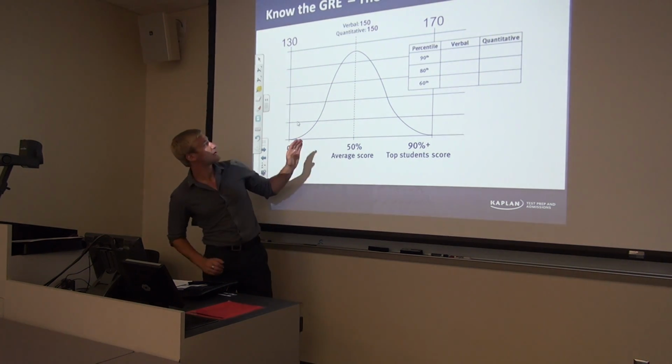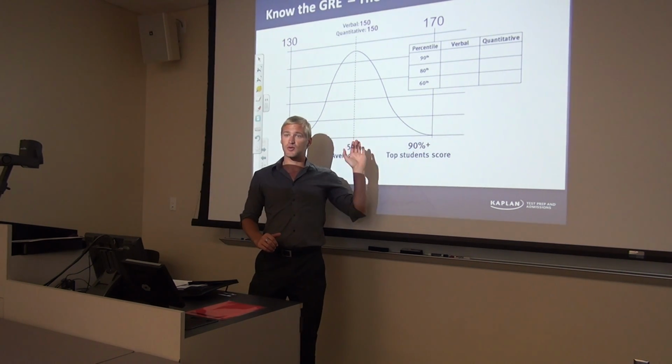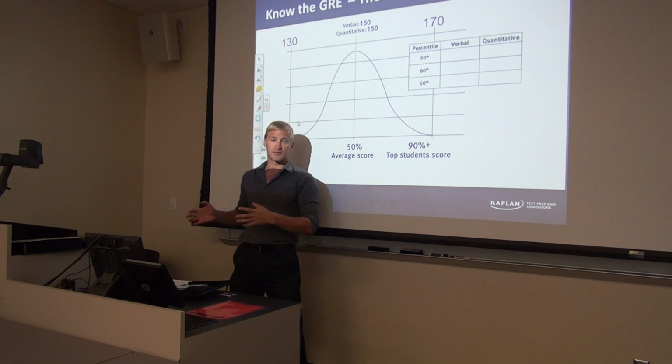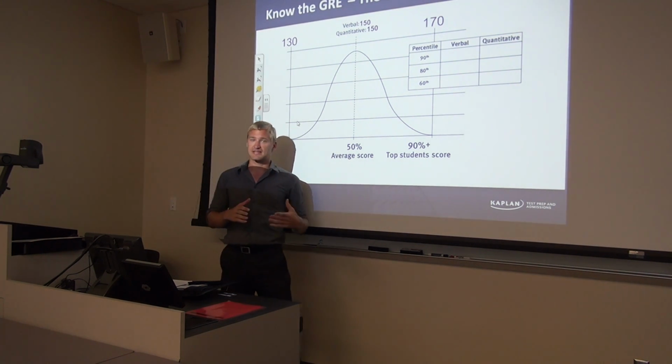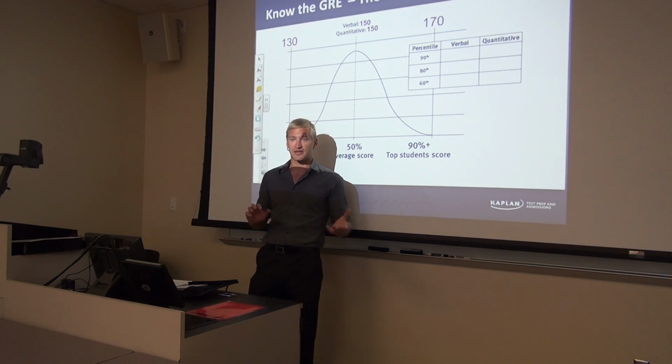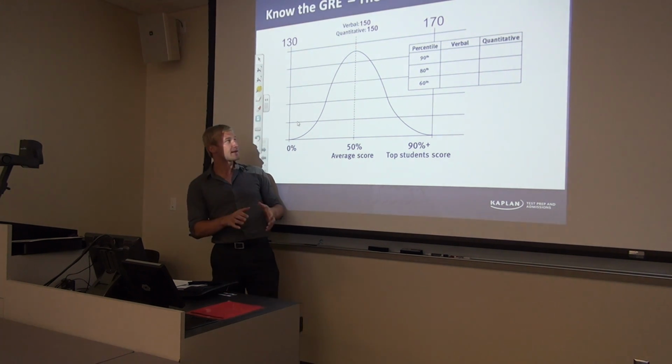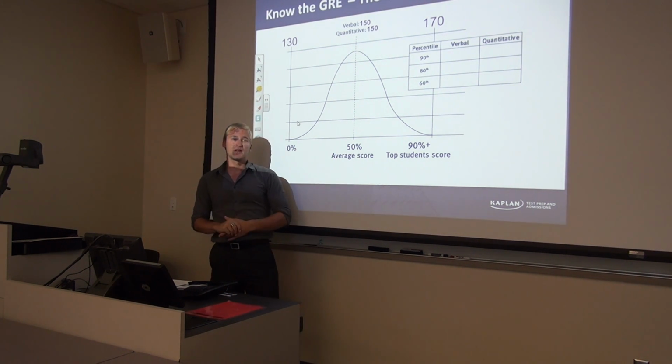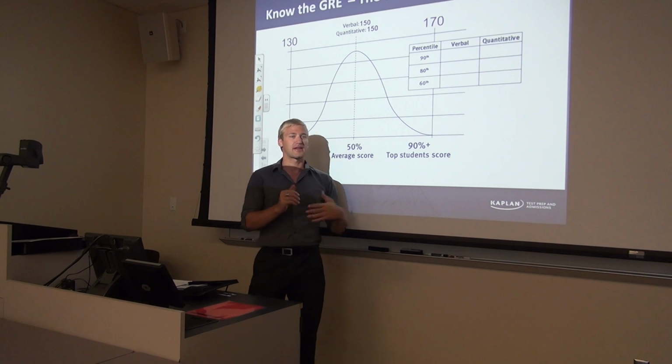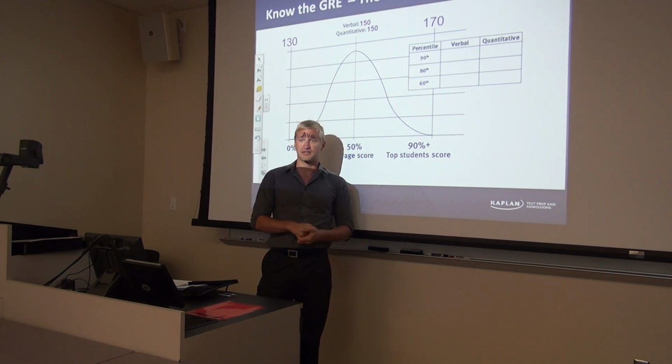Going back to this scale, you'll get a 130 to 170 score for both the quantitative and the verbal. So in that way, again, similar to the SAT where you got a 200 to 800 for each section. Unlike the SAT, it's very rare for you to really describe it as, okay, well I got a 300 on the GRE.